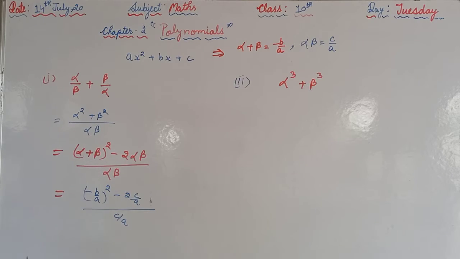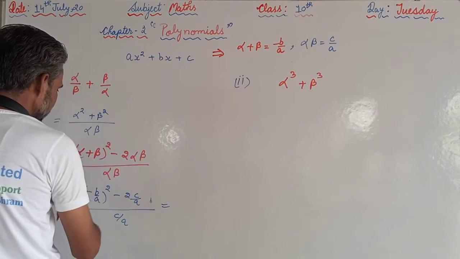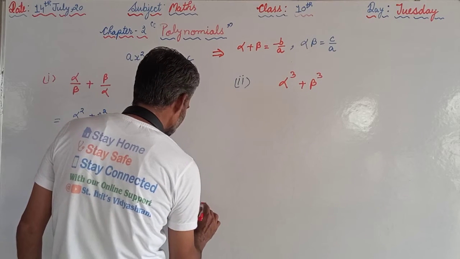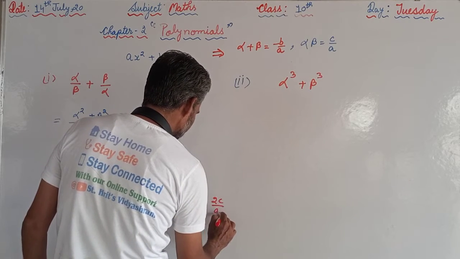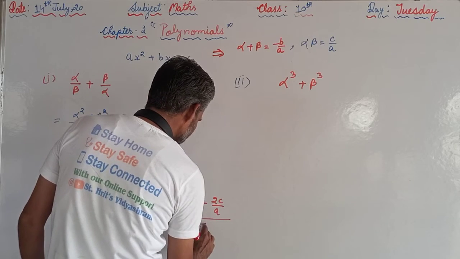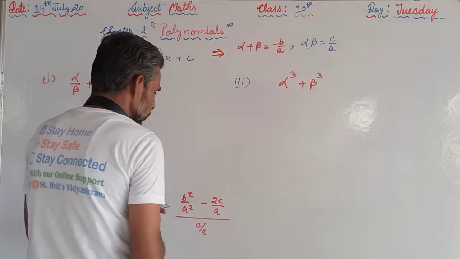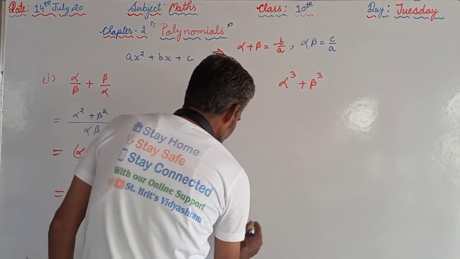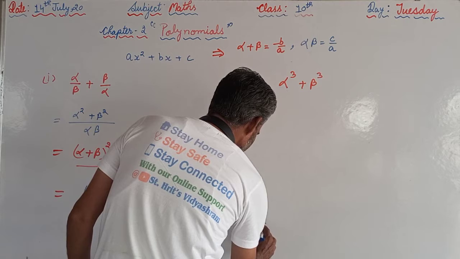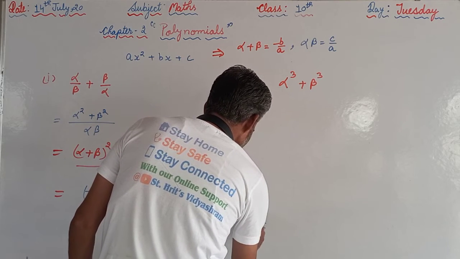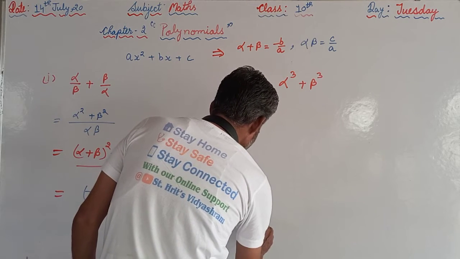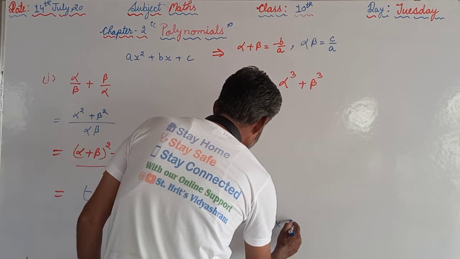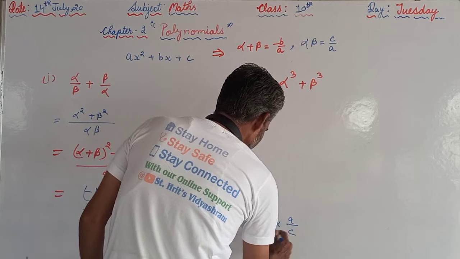Now we can solve that. How to solve that? It will become b square upon a square minus 2c upon a, whole upon c upon a. So here a square will be the LCM and this will become b square minus 2ac, and this will become a upon c.